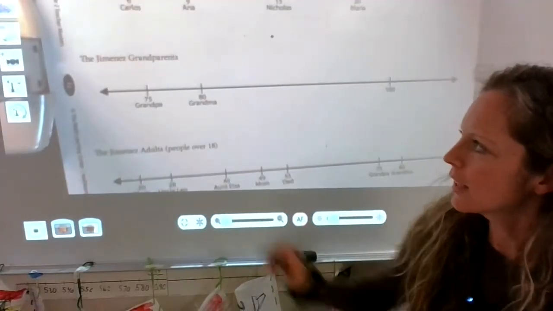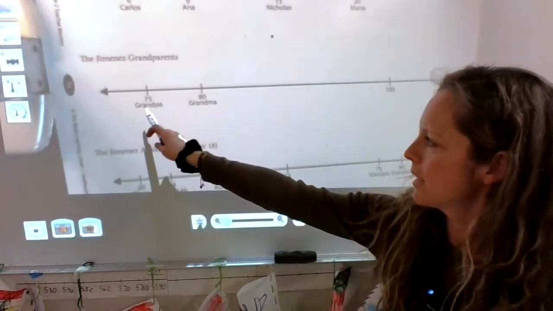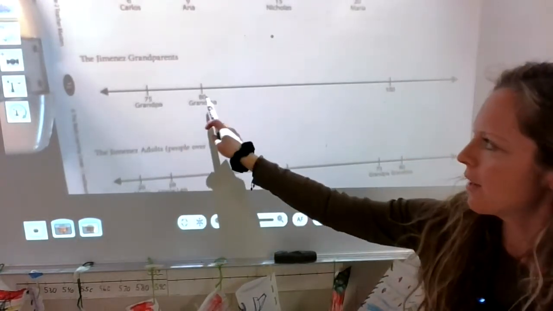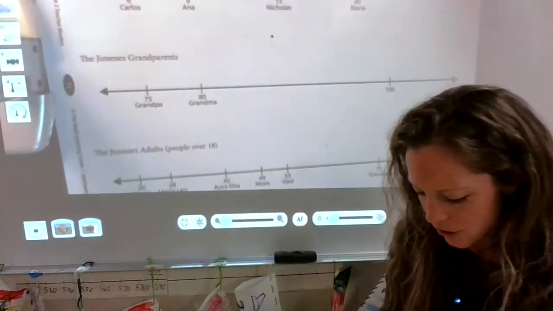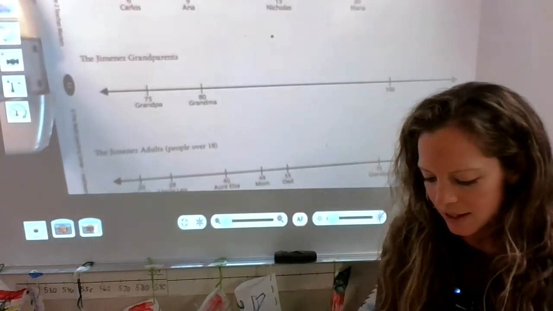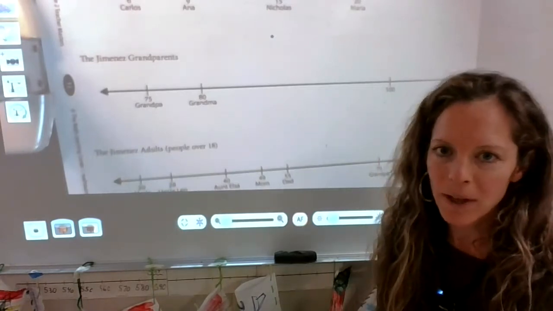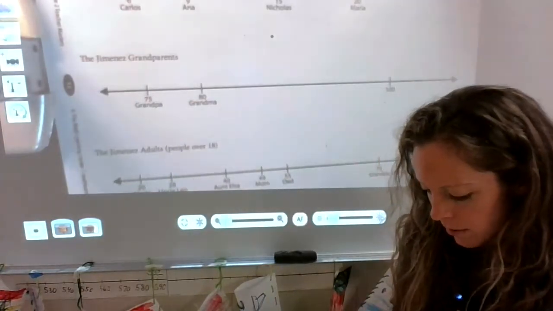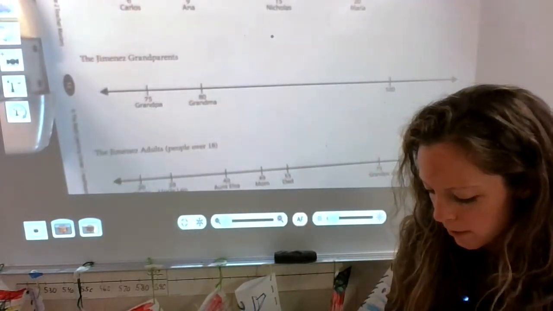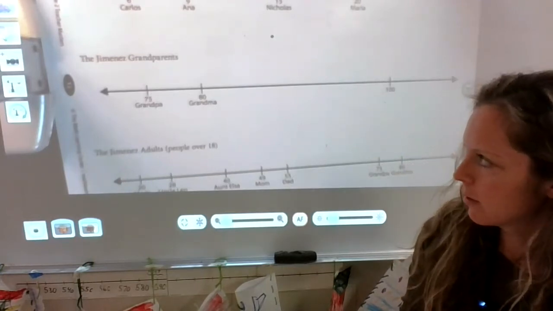All right, now take a look at the Jimenez grandparents. We have Grandpa at 75, Grandma at 80, and then way over here we have the number 100. First question is, how much older is Grandma than Grandpa? We answered that one already. Remember, it was 5. The next question, how old will Grandpa be 10 years from now?